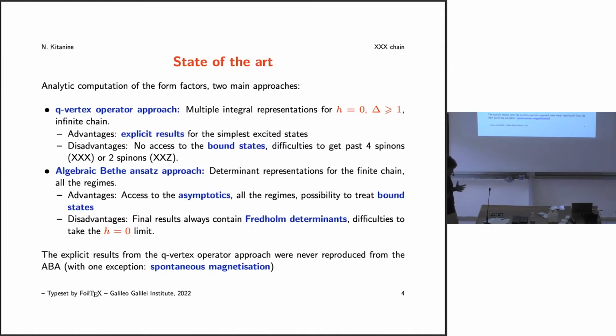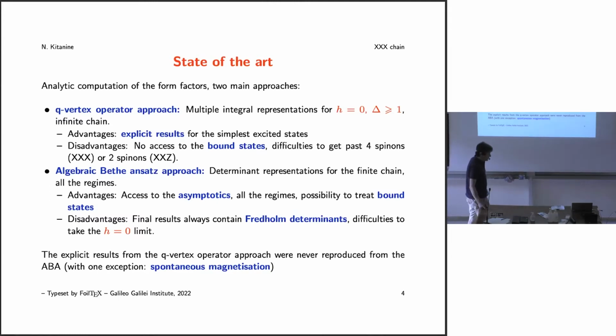Well, so you have explicit results. The main disadvantage is that you can control, well, what we like in the Bethe ansatz picture, control of the bound states, for example, which can be seen as complex solutions of the Bethe equations. It's difficult to write formulas going past the 4-spinon case for XXX.